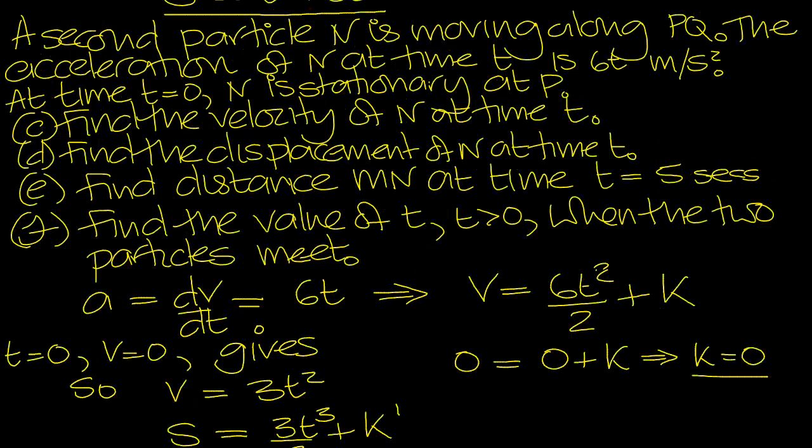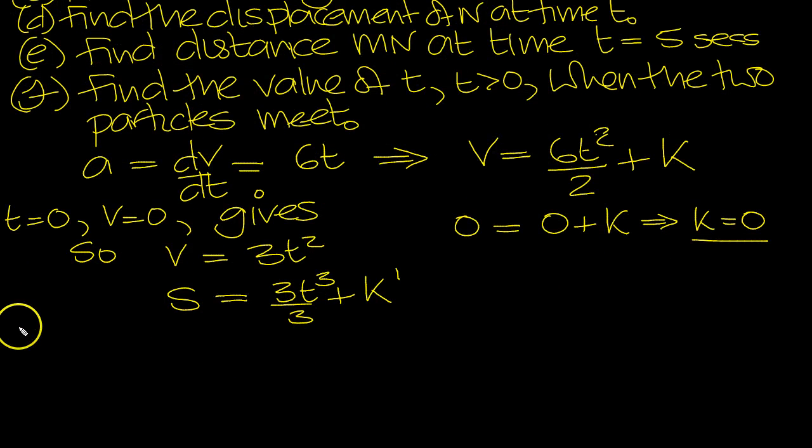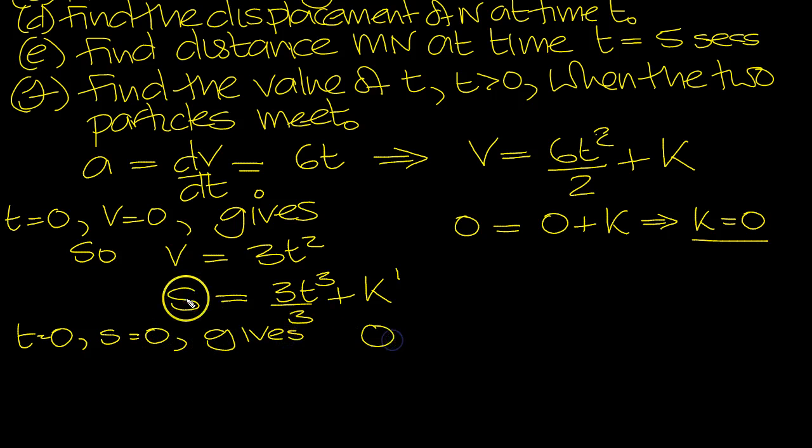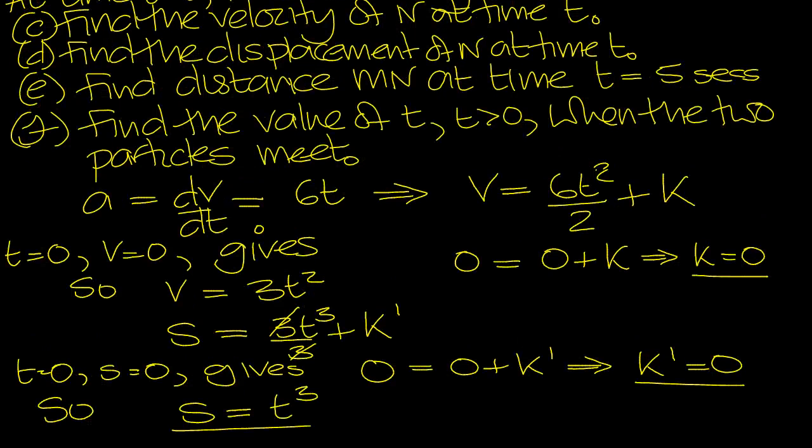Now the displacement at time t equals 0, n is stationary at P, so the displacement is 0 when t is 0. s equals 0 gives 0 equals 0 plus k dashed, so k dashed equals 0. So s is equal to, the 3s cancel, just t cubed.